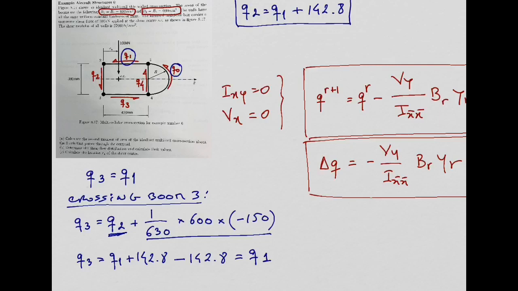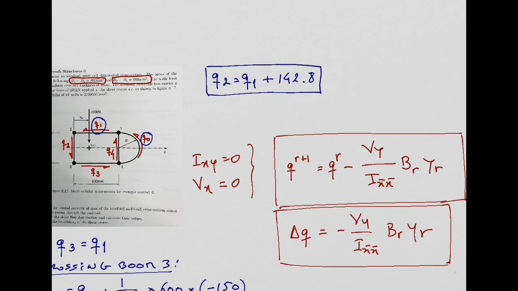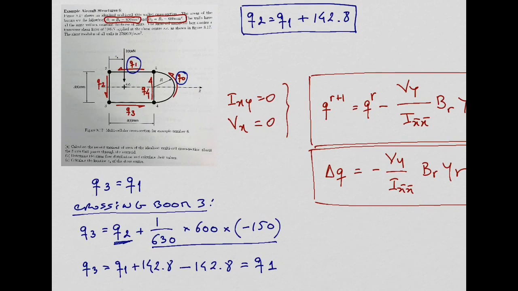Make sense? Is that 150 supposed to be squared? No, it's not, right? Square is only in the second moment of area.